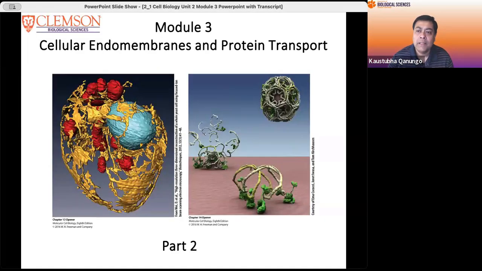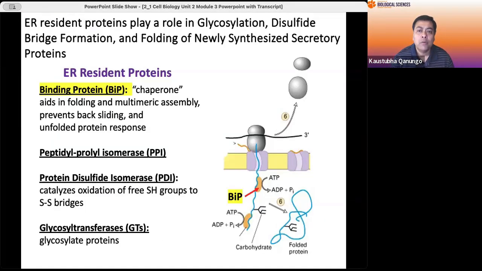So the membrane transport, and we are going to look at all these ER resident proteins that play a role in glycosylation, disulfide bridge formation, and folding newly synthesized secretory proteins. So here we were talking about these resident proteins, and these are all your ER resident proteins, different ones.